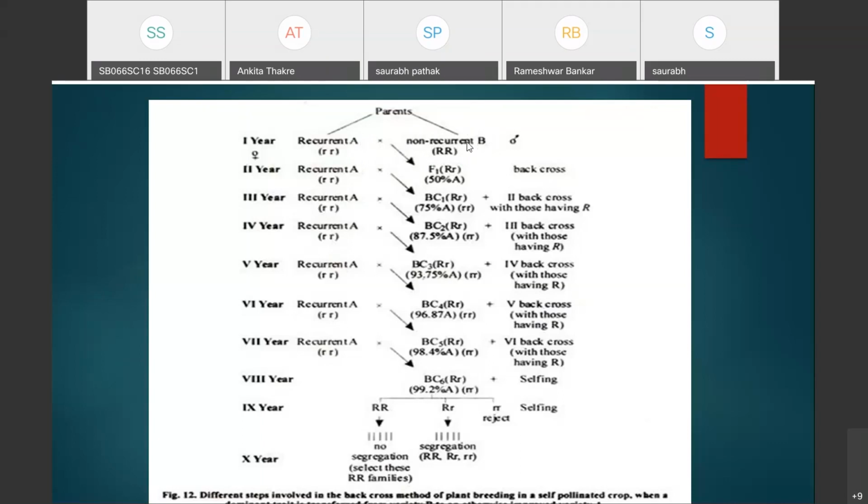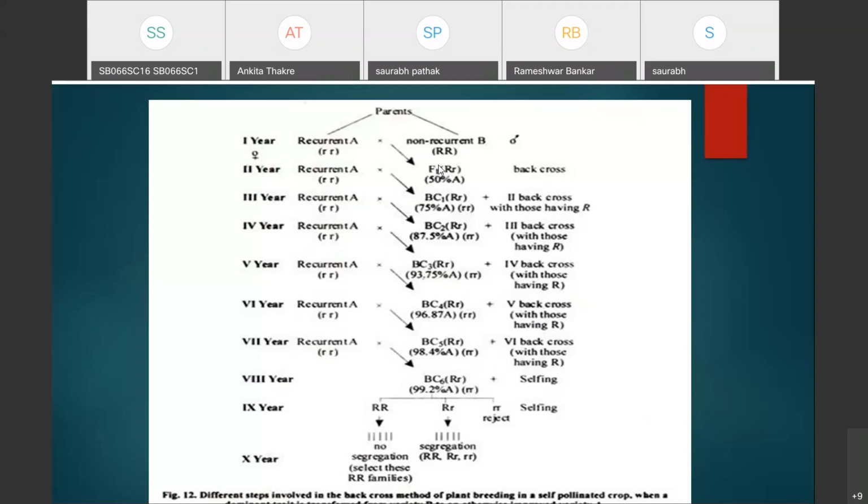Okay, here in the second year, you can see the F1 progenies which are produced. From these progenies, the ones having the disease resistance capacity of the non-recurrent parent B are selected.